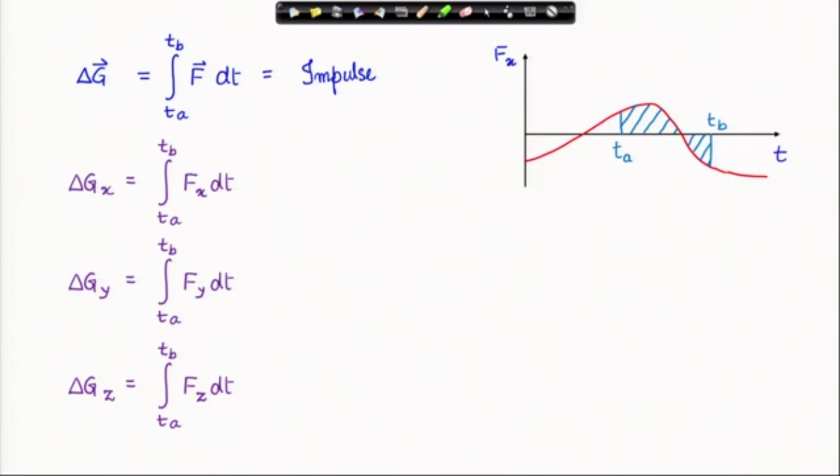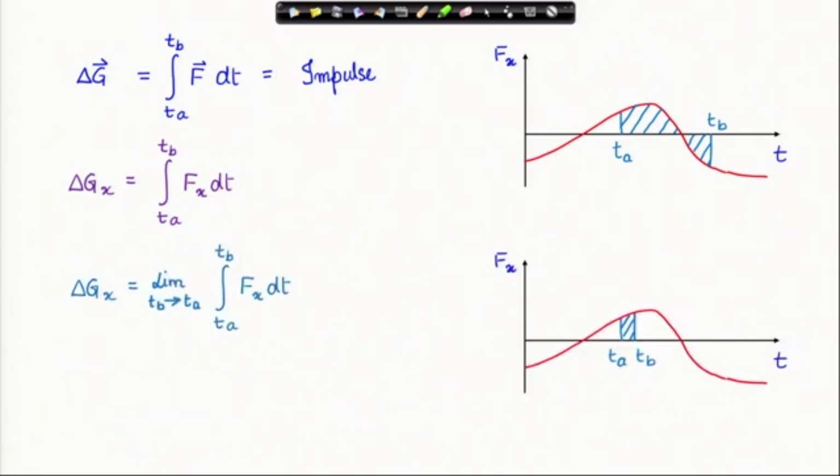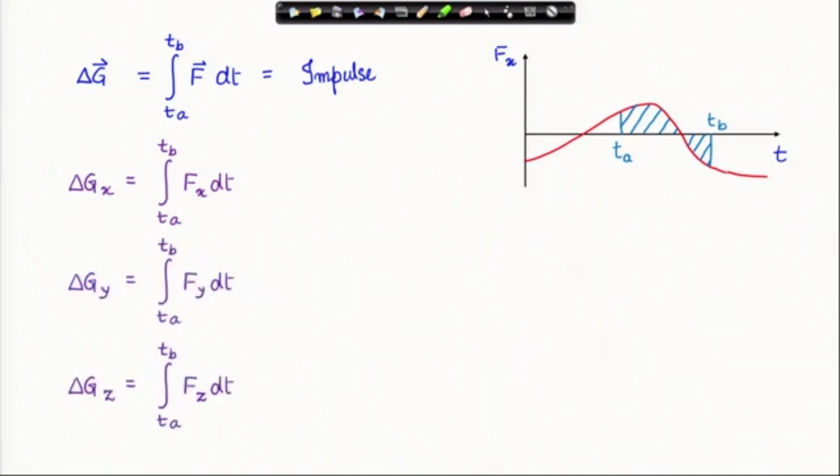These three relations I obtain, these are three equations. Let us focus on the first part, the x direction. On the right hand side, I have a figure of this force acting in the x direction, and I am integrating this force from T_A to T_B.